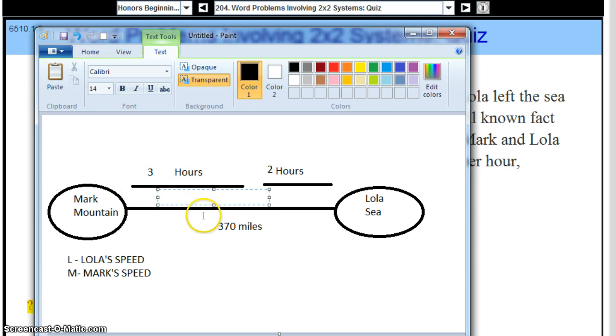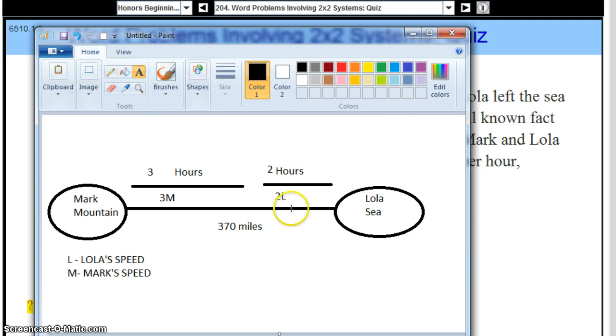it can be expressed as 3m, right? Rate, which is m, times time, 3 hours, is distance. So this is the portion of the 370 miles he's traveled. And 2 times L, right? Rate times time equals distance. That's the distance Lola has traveled. So you can see here that 370 is the same as the sum of 3m and 2l.